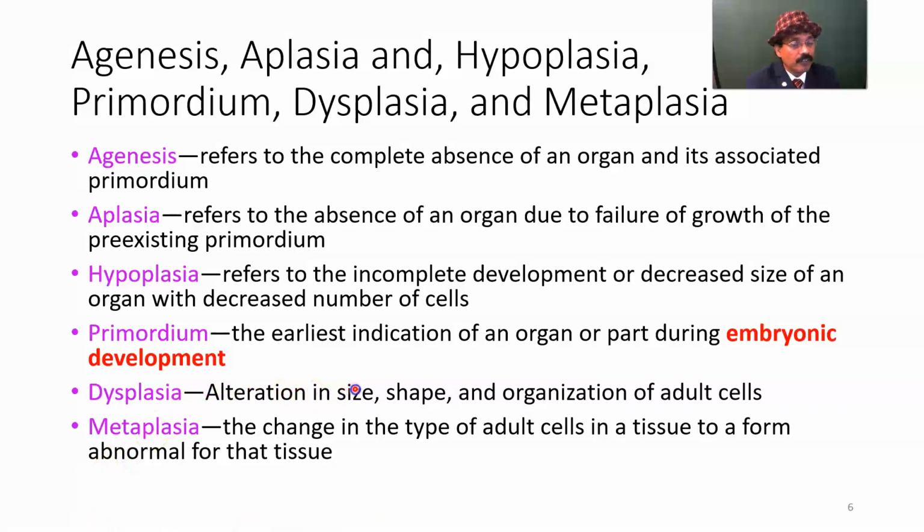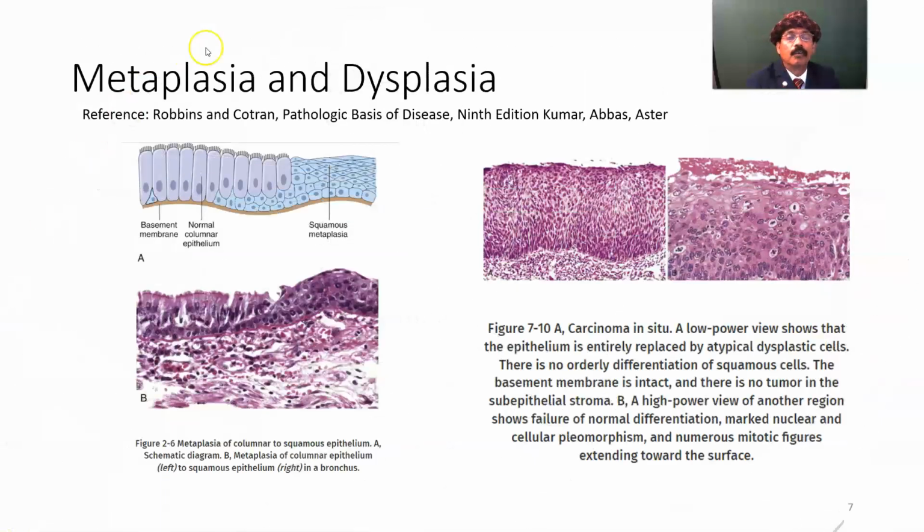Here, disorientation in size, shape, and organization of the adult cell is seen in the cervix uteri. Metaplasia and dysplasia again. In metaplasia, one type of cell is converted into another type of cell. This is pseudostratified columnar epithelium, and this is stratified squamous epithelium.